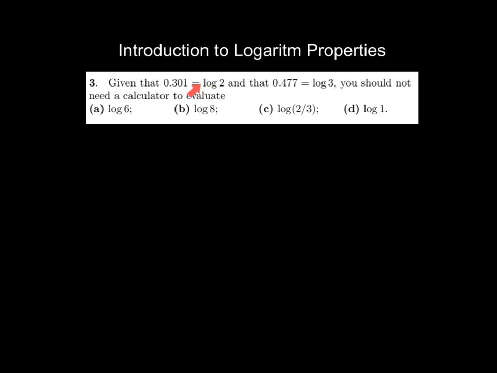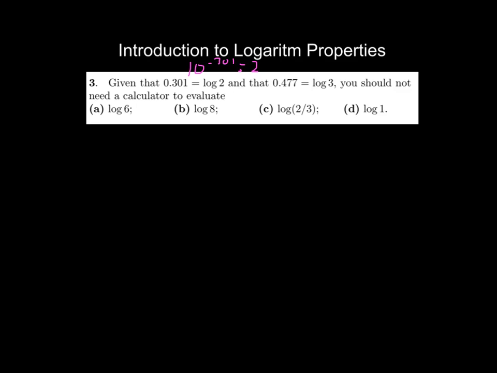How can I rewrite this in terms of exponents? 10 to the 0.301 equals 2. So this up here is the exact same idea. You're saying the exact same thing.